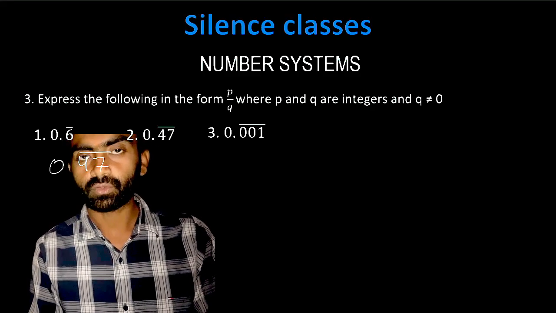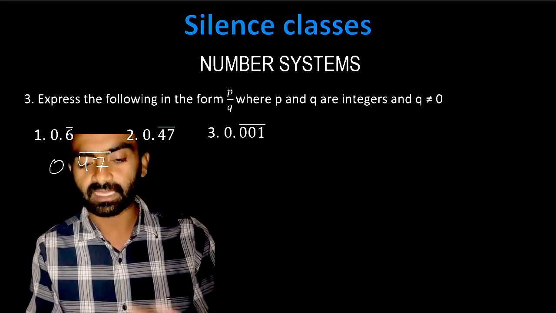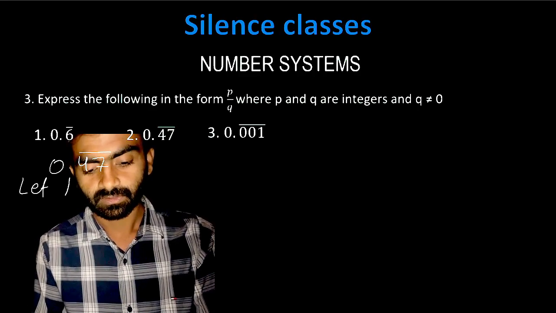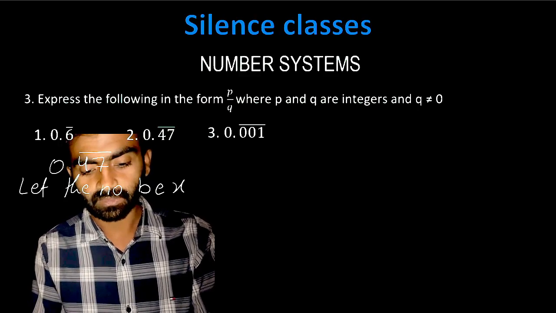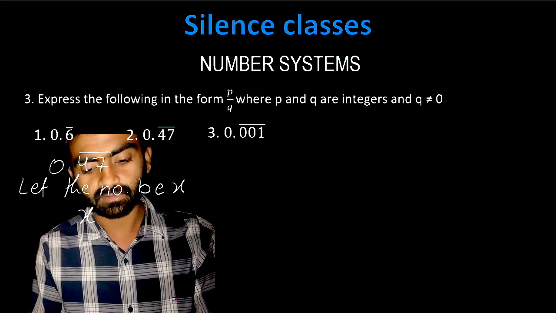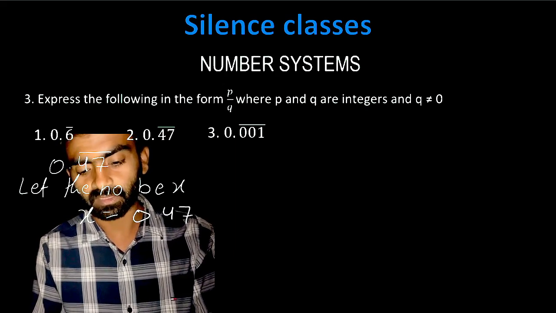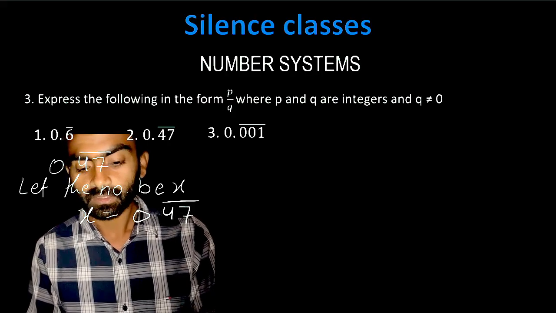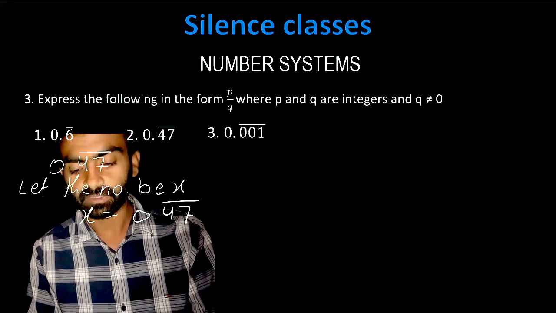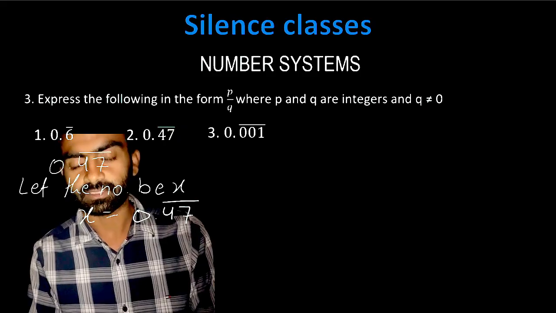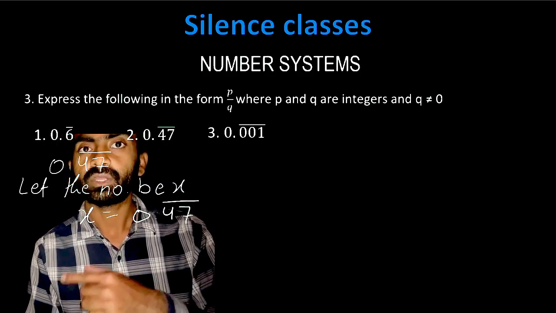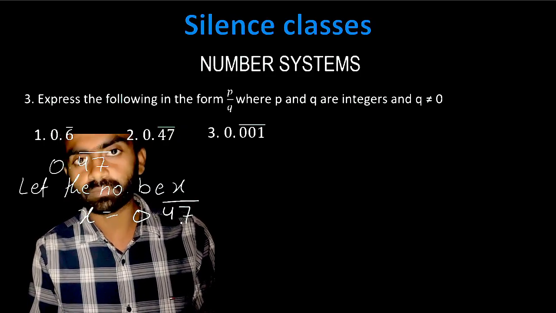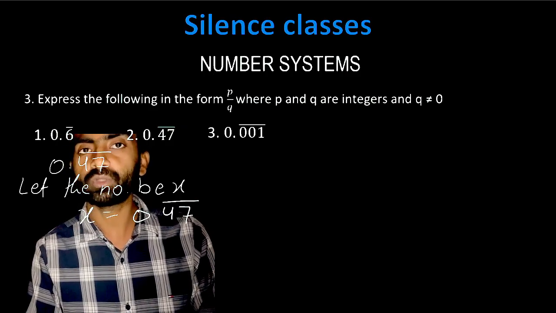First of all, you write: let this number be x. So x is equal to 0.47 with the bar over it. Now you can see the bar is over 2 numbers. So we have to multiply this number by 100, because 2 numbers are under the bar, so we put 2 zeros after 1.